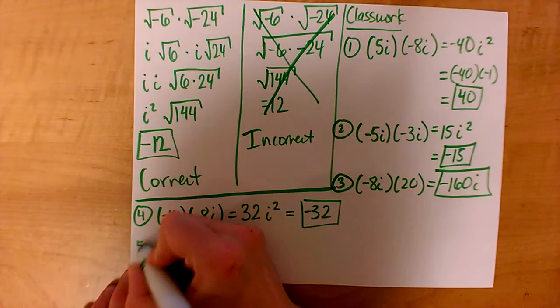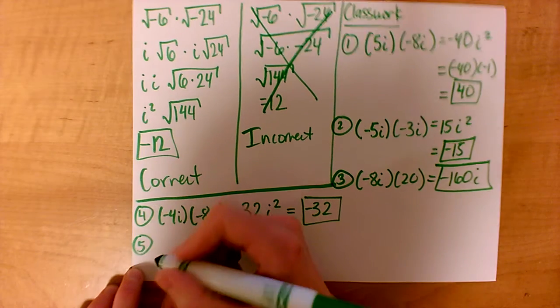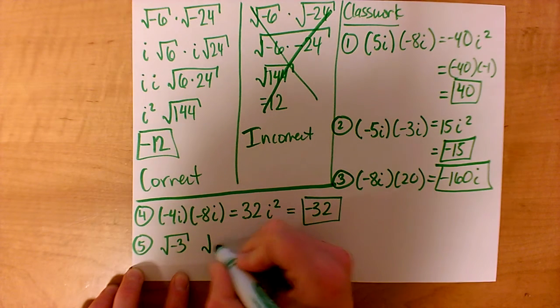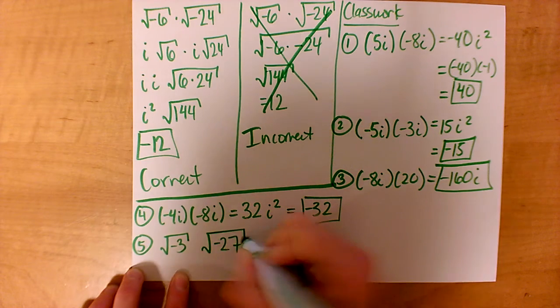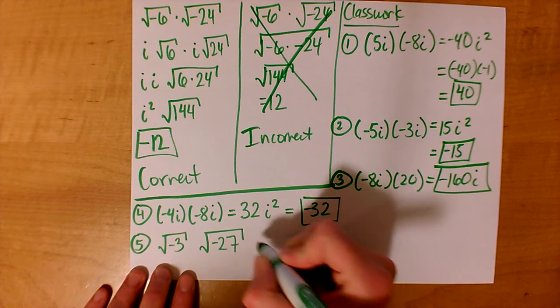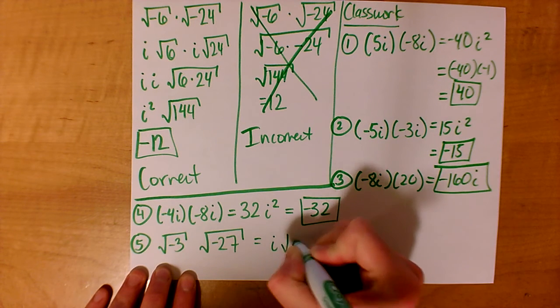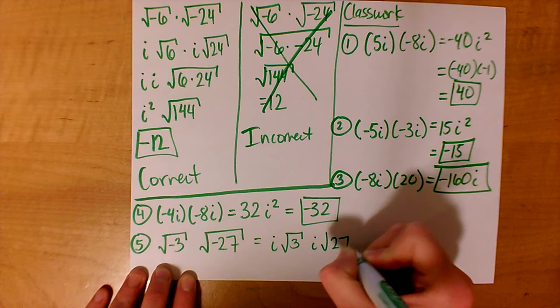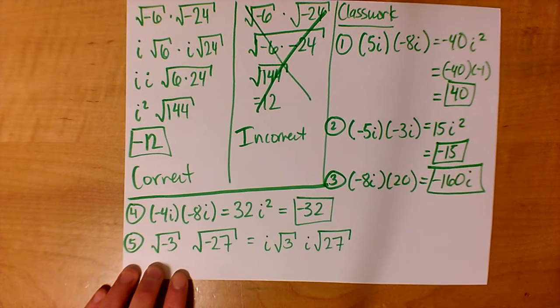Going on to number 5, we have the square root of negative 3 times the square root of negative 27. So the first thing we want to do here is pull our i's out. So this is going to be I root 3 times I root 27.